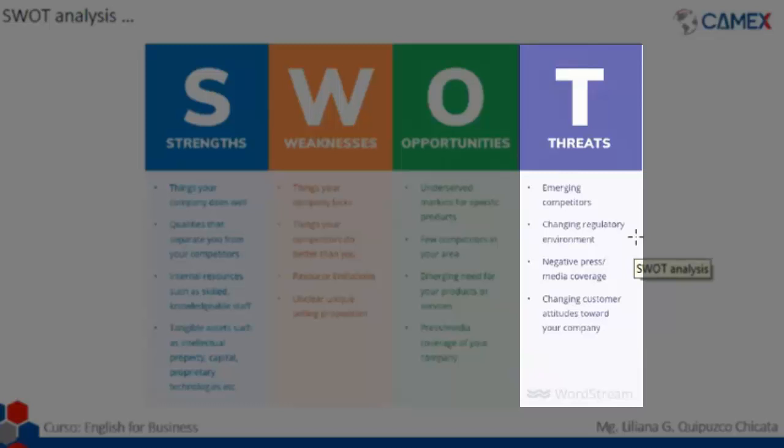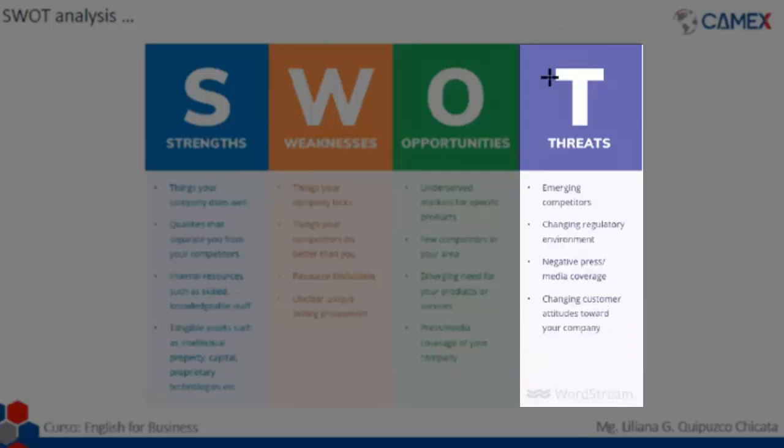So if we give bad client service, if we know that right now in our restaurant we don't give a good client service, we might have the potential threat of our customers changing their attitudes toward our restaurant. So that would be a point to have in mind.